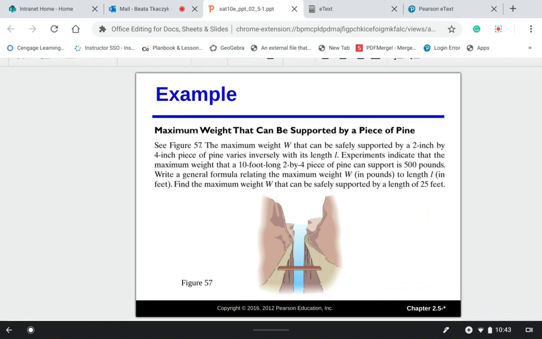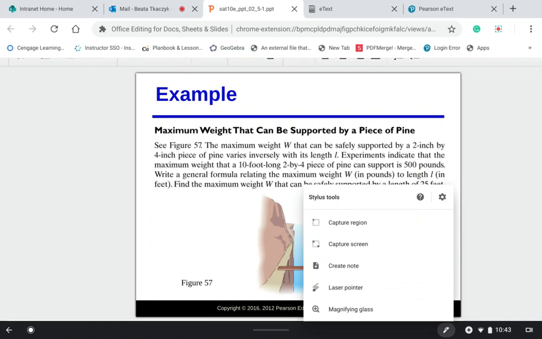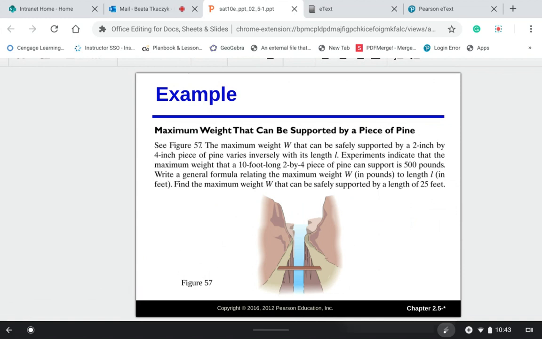So let's just read it first. The maximum weight W, so W will be the first variable, that can safely be supported by a 2-inch by 4 piece of pine varies inversely. So I already know that the formula will be something like y equals k over x.